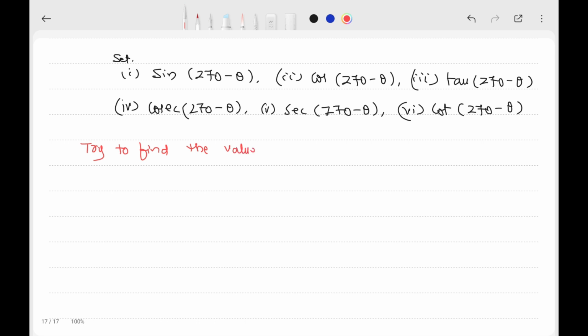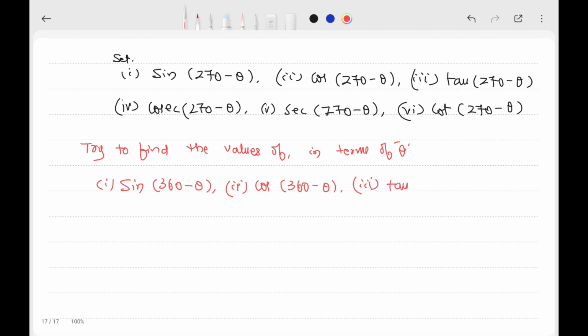Then try to find values in terms of theta. 1. Sin 360 minus theta. 2. Cos 360 minus theta. 3.